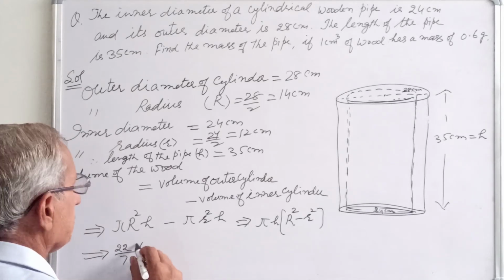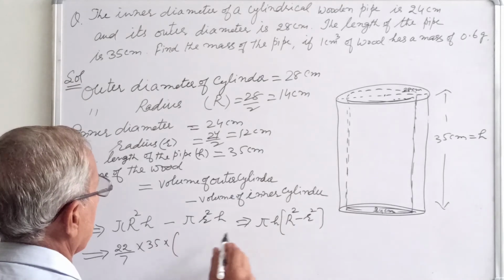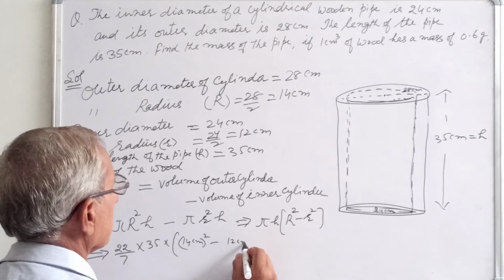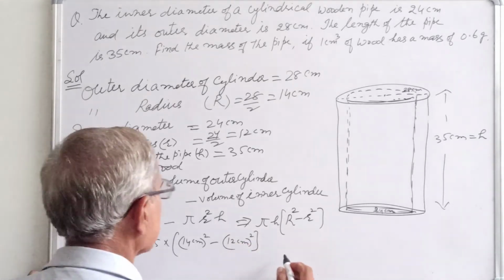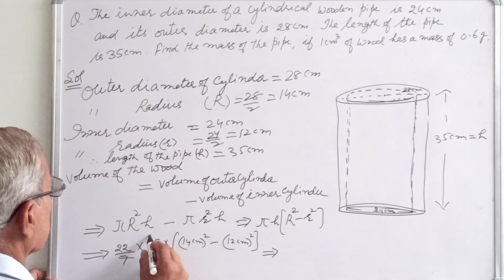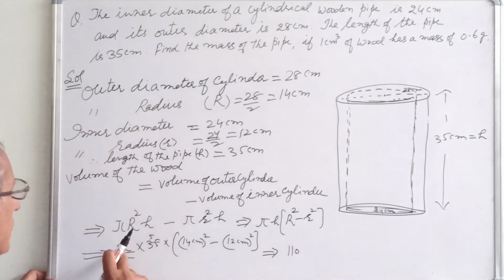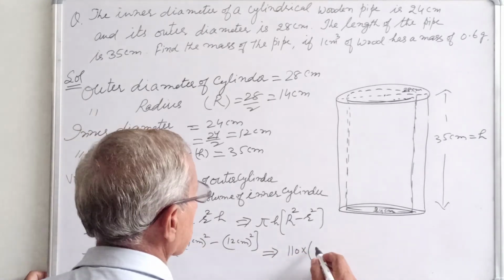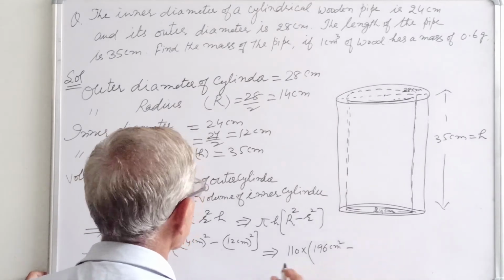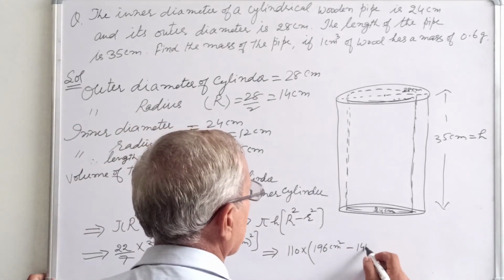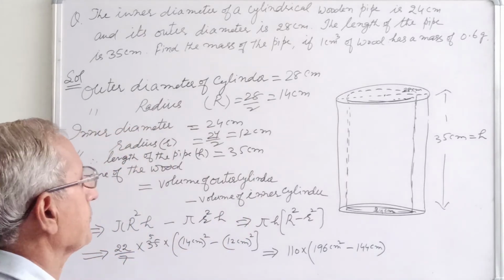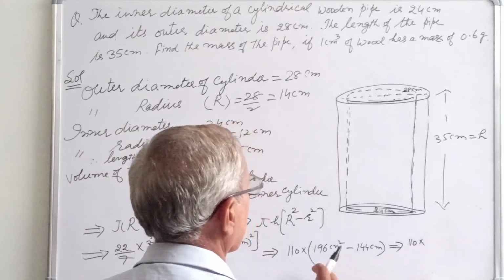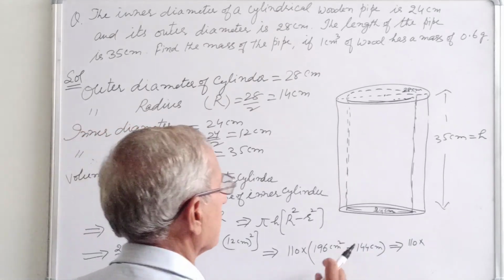Pi 22/7, H 35, 14 centimeter square minus 12 centimeter square. 22 multiplied by 5, 110. 14 into 14, 196 centimeter square minus 12 into 12, 144. So 110 into 196 minus 144, that is 52.